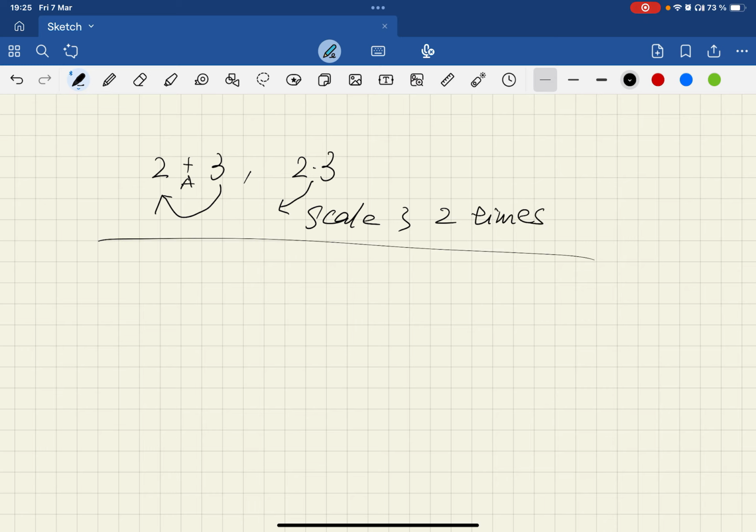So from these two simple examples, you can see the essence of linear algebra by looking at the scaling and vector addition. So let's start.